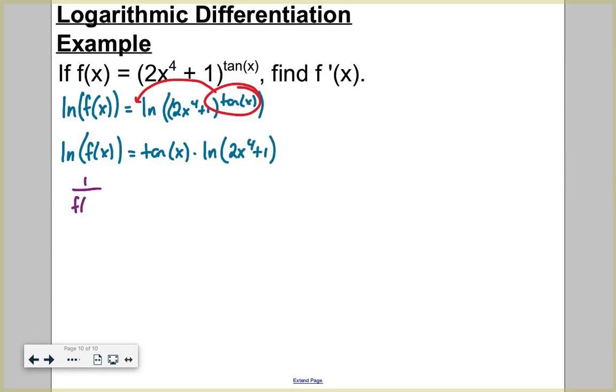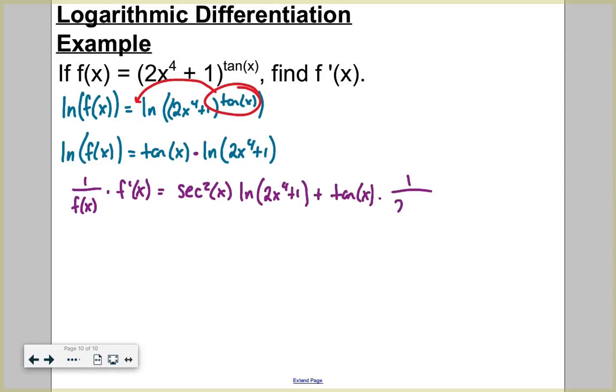1 over f of x times f prime of x, and we are going to need that product rule there. So the derivative of tangent is secant squared of x times the natural log of 2x to the fourth plus 1, plus tangent of x times 1 over 2x to the fourth plus 1 times the derivative of that, which is going to be 8x cubed.